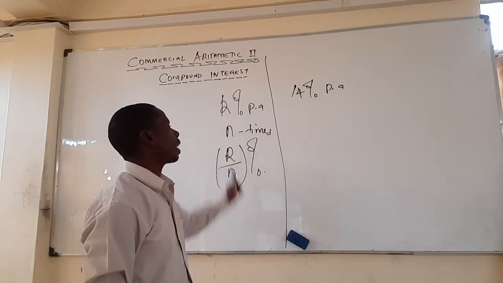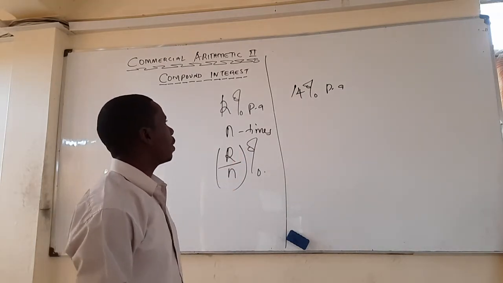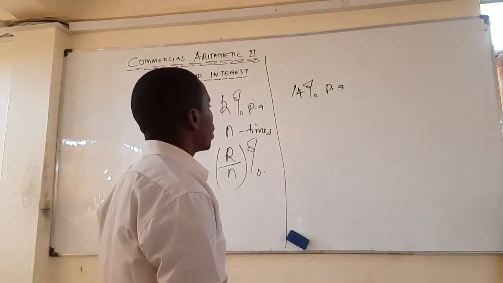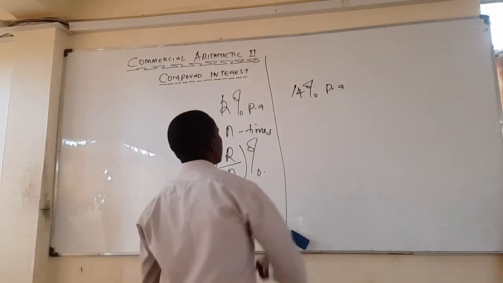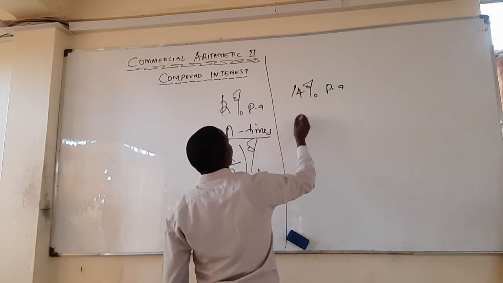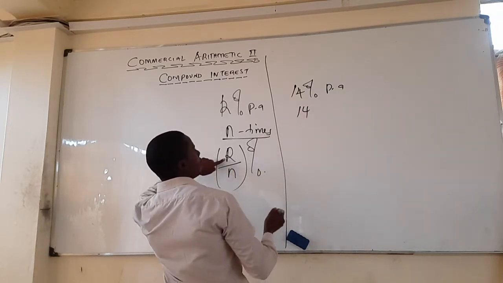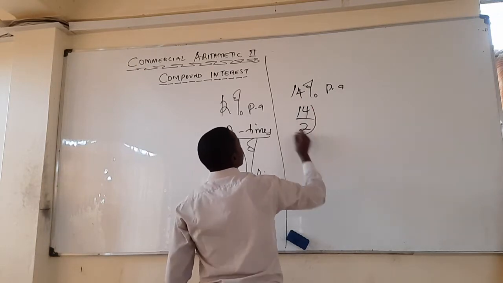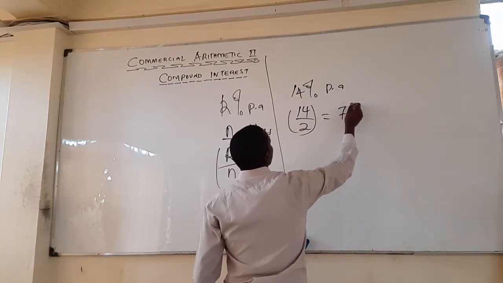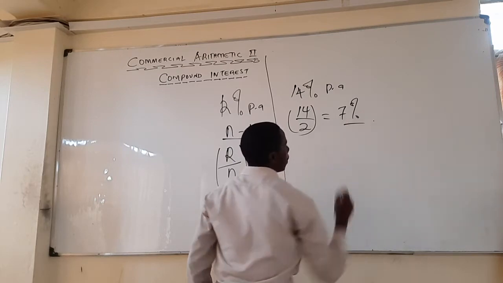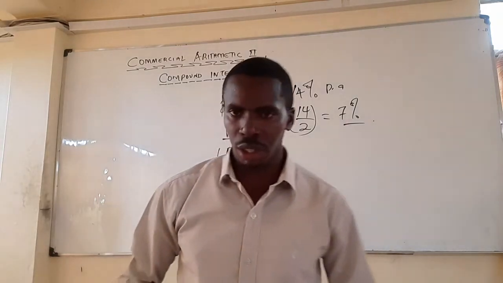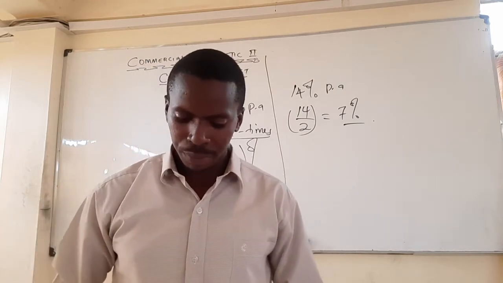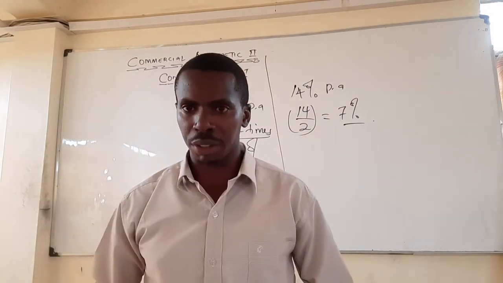Two semis are a whole, so in a year you're going to have two semis. The interest per period is going to be the 14% per annum divided by the number of times, 2, then you get 7% per period, or for every semi part. That's how we can calculate that.